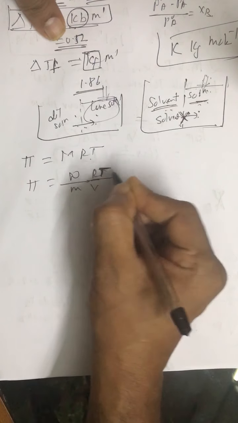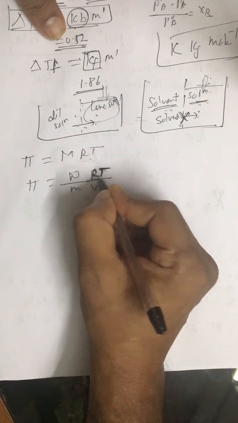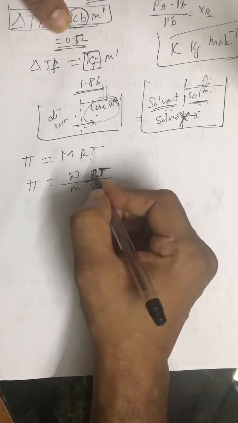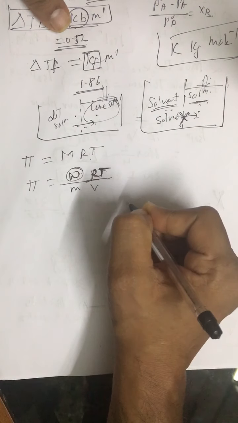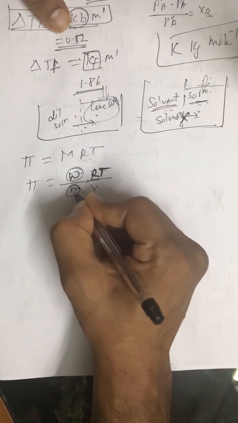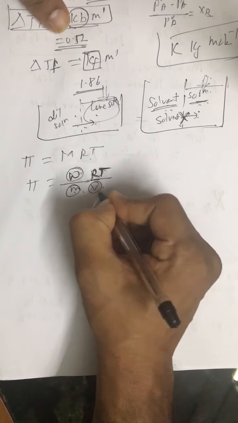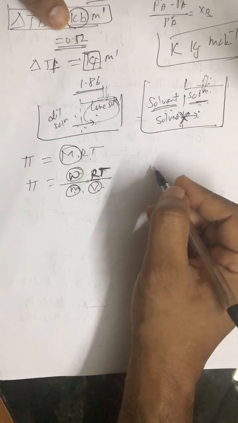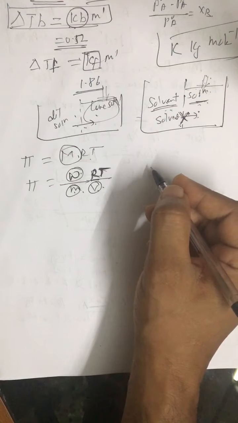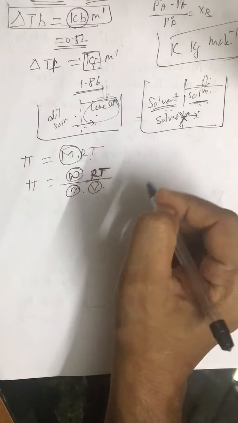T is absolute temperature, R is the solution constant, whose value is equal to the gas constant. Small w is the mass of solute, M is the molar mass of solute, V is the volume of solution, and capital M is molarity. Alright, so these are the relations which we get.